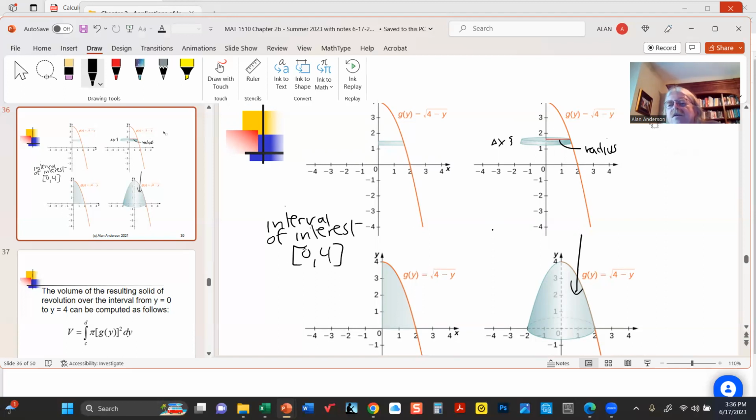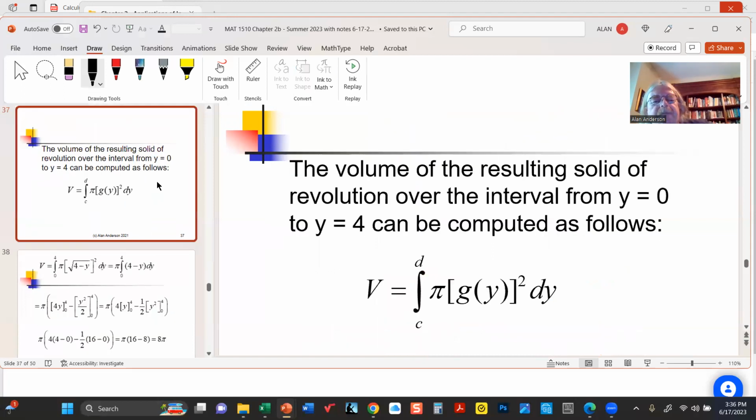So what do we do about the volume? Well, let's see. Here's the function. And now remember, g of y is radical 4 minus y. Of course, it's being rotated with respect to the vertical axis, and all along the vertical axis, x equals 0.